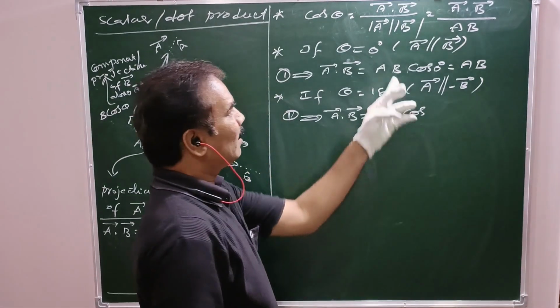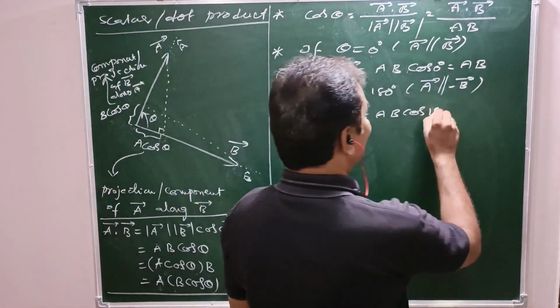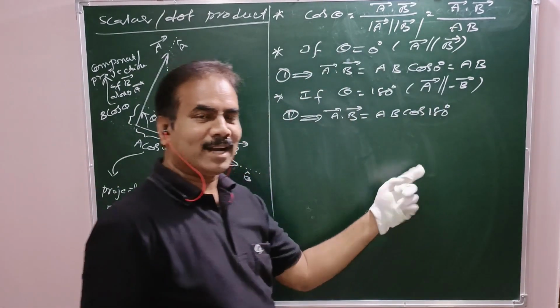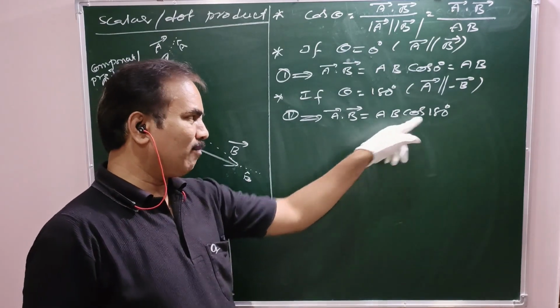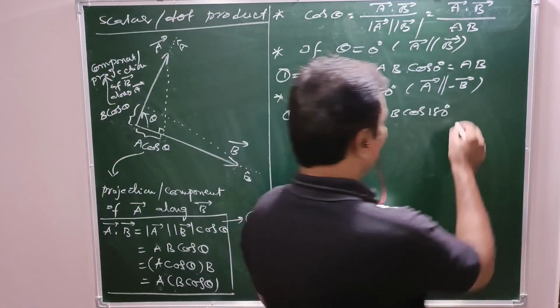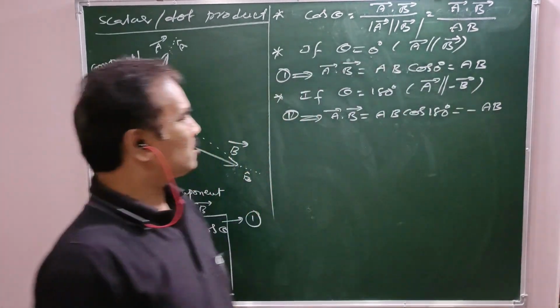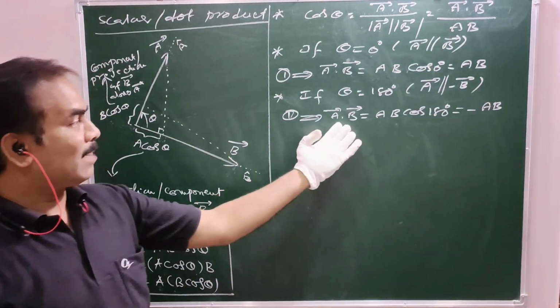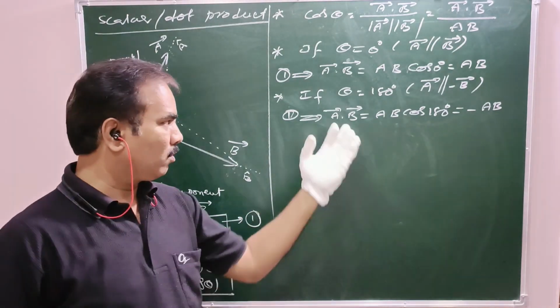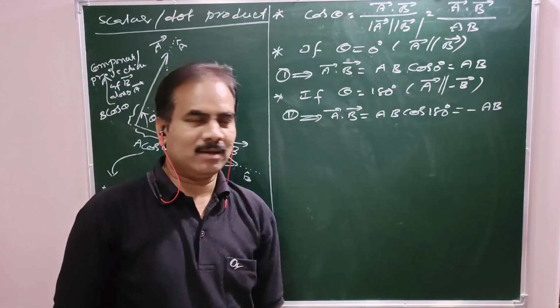What is theta? Theta is 180, cos 180. What is the value of cos 180? Minus 1. That is AB into minus 1, that is minus AB. This time A bar dot B bar, that is the dot product of two anti-parallel vectors, is a negative value.